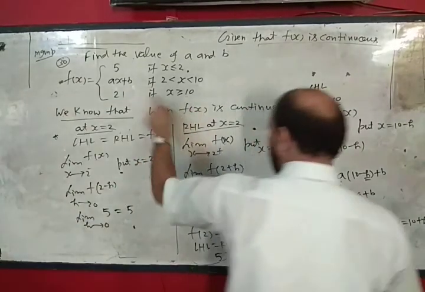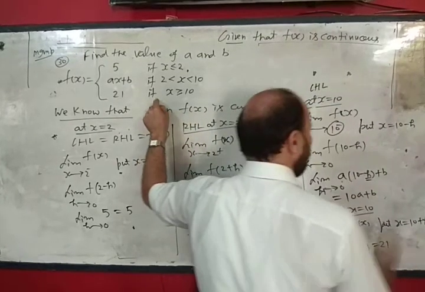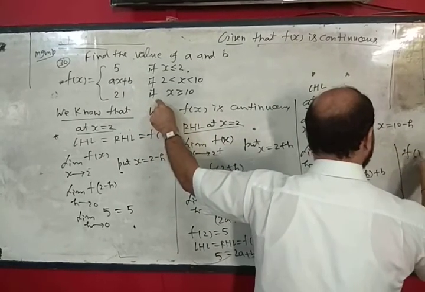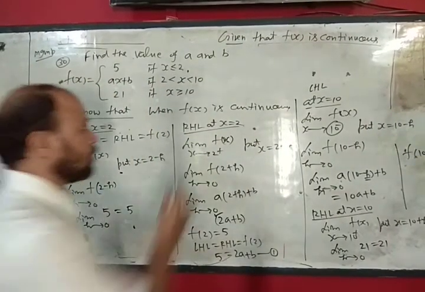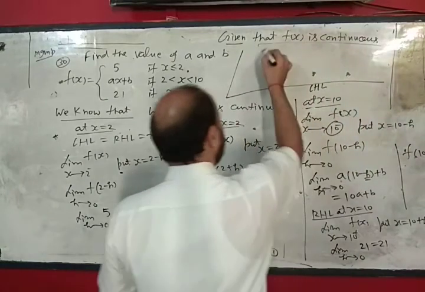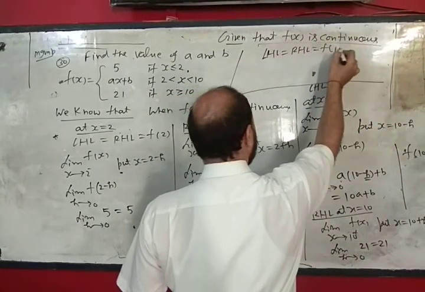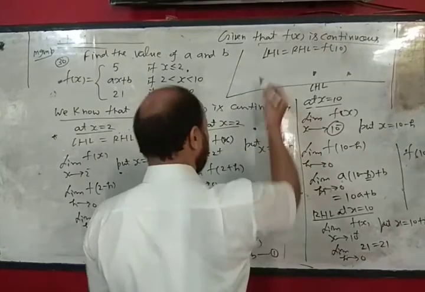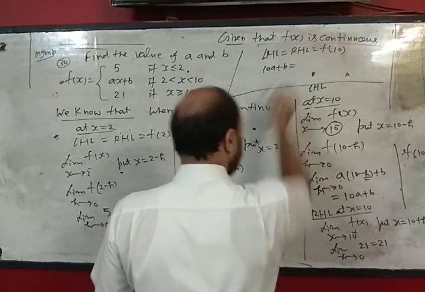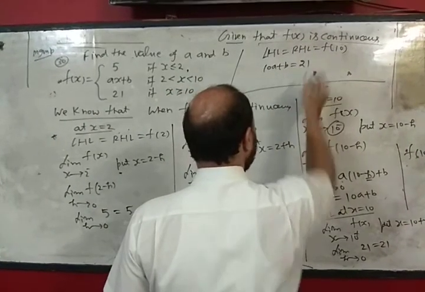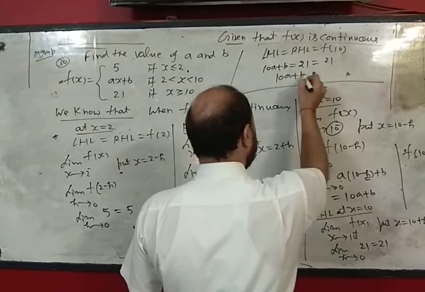So we have to use the function f(x) is equal to 21, then the value is 21, and f(10) is also equal to 21. Since the given function is continuous, LHL is equal to RHL is equal to f(10). LHL is 10a plus b, RHL is equal to 21 and f(10) is also 21. So the second equation is 10a plus b is equal to 21.